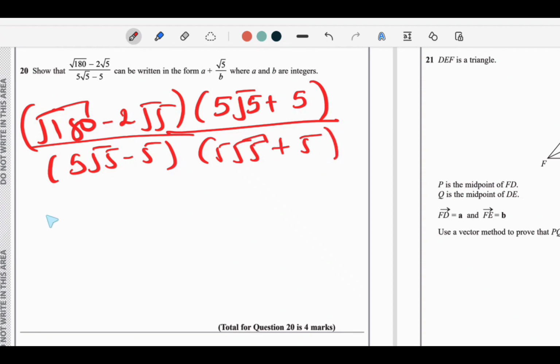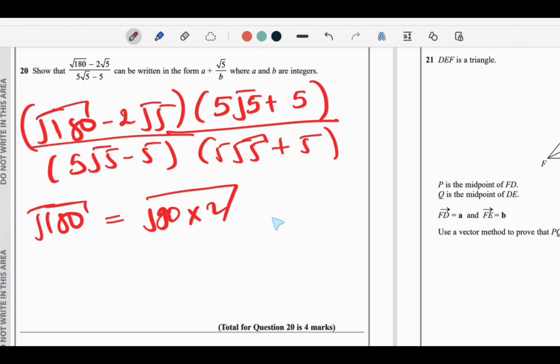Okay, now let's keep in mind root of 180. Well, you can use the factor tree, prime factorization, and break this down as much as possible, but then I can write this as 90 times 2, and I can actually write this as 45 times 2 times 2, and then I can write this as 9 times 5 times 2 times 2.